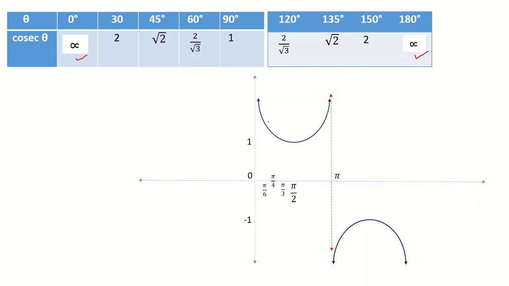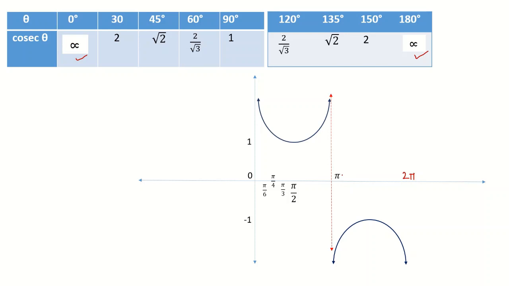It is of parabolic nature in the part from 0 to 180 degree, and similarly the pattern repeats from pi to 2 pi, but in the opposite direction, because from 0 to pi it lies in the first and second quadrant, so it will be all positive, the sine section being positive, and right from pi to 2 pi it is under the tan and cos sections, so it will be in the negative region.